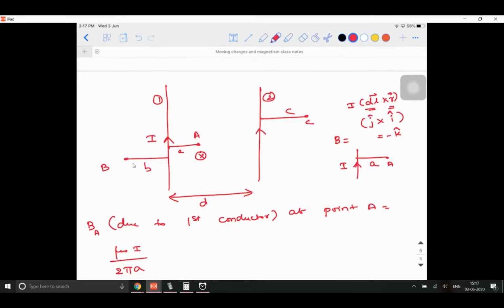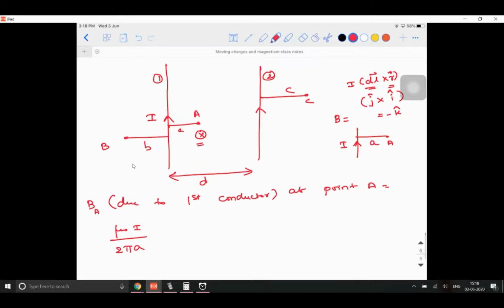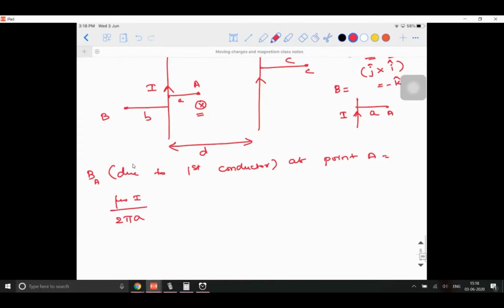Extend the thumb of your right hand in the direction of current and start curling the fingers. In which direction is it going? Is it going into the paper or out of the paper? For the first conductor, it will go into the paper. That is why you have this minus k cap.